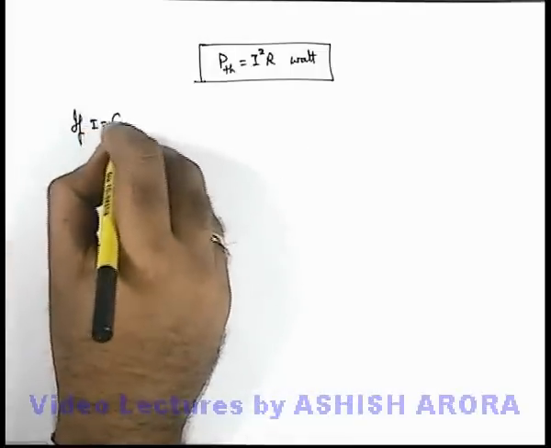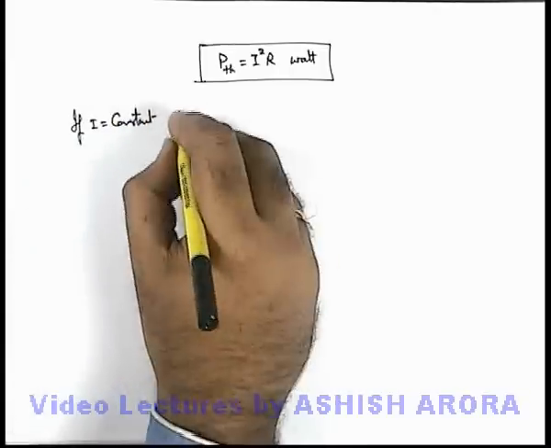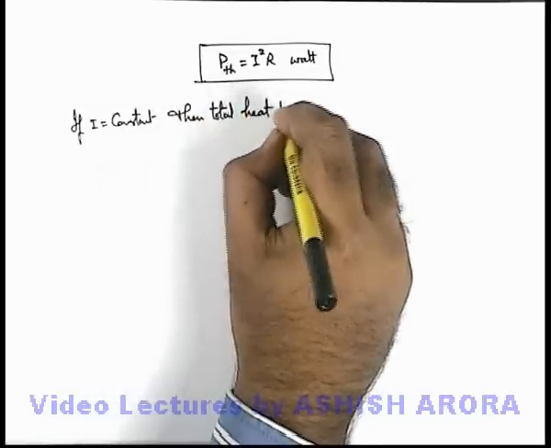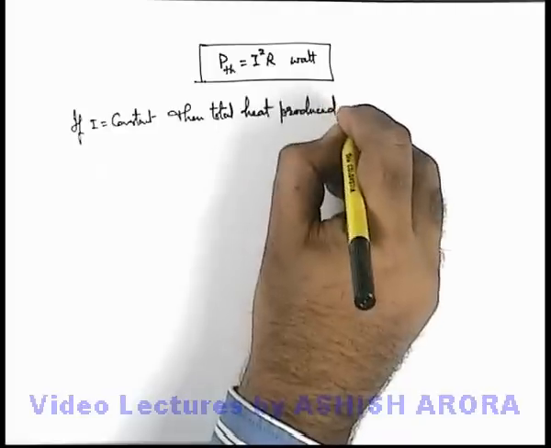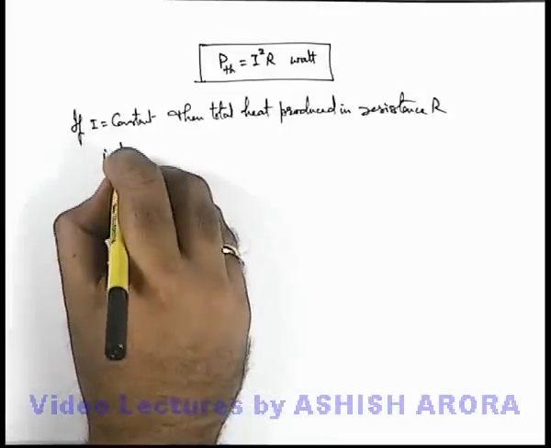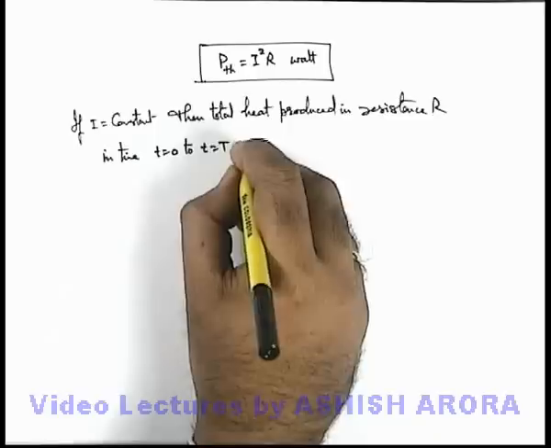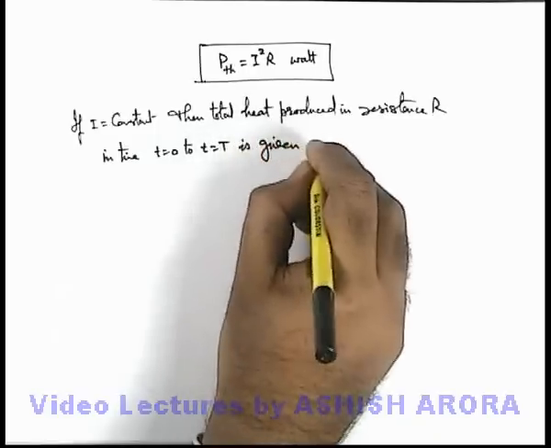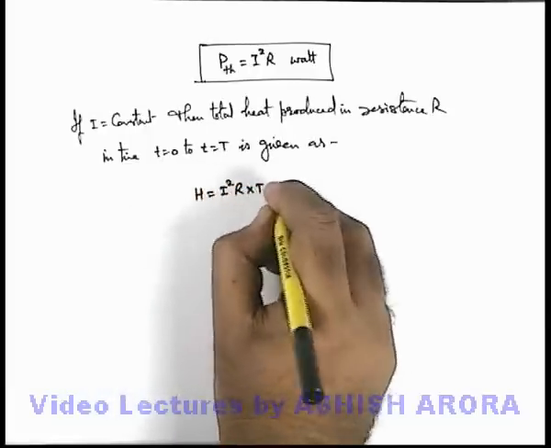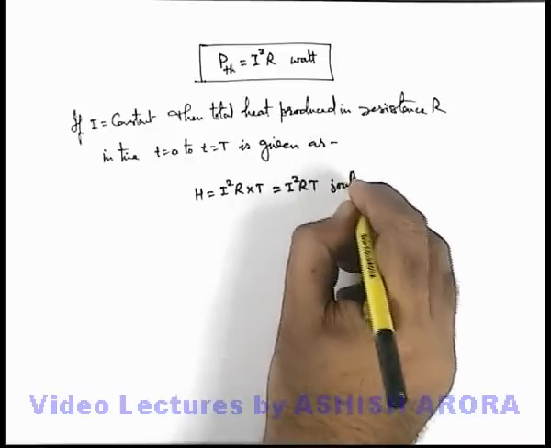If I is constant, that means a constant current is flowing through a resistance, then the total heat dissipated in resistance R from time t equals 0 to t equals T is given as H equals I square R multiplied by T, that is I square RT, measured in joule.